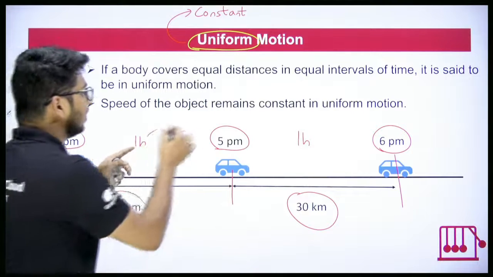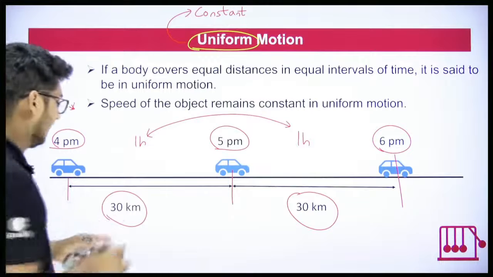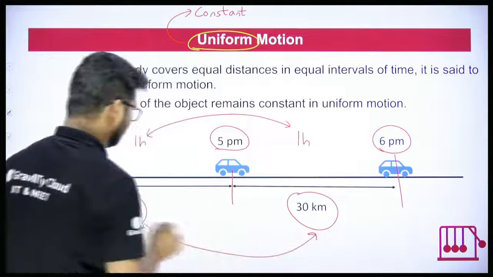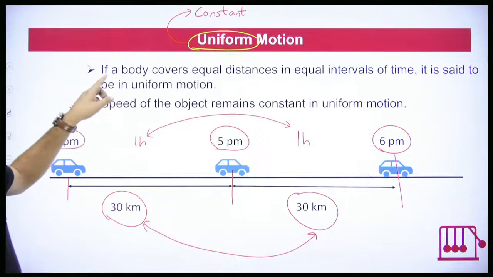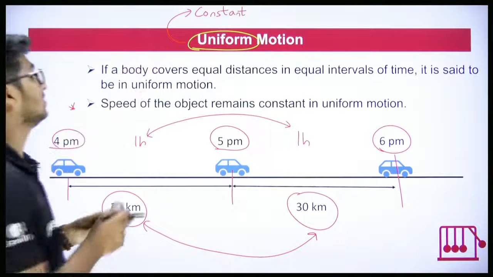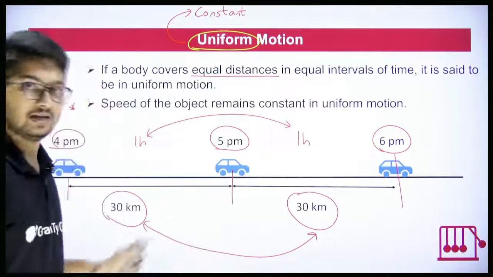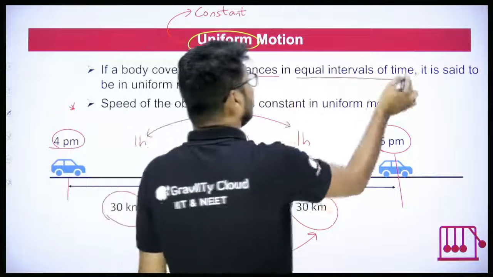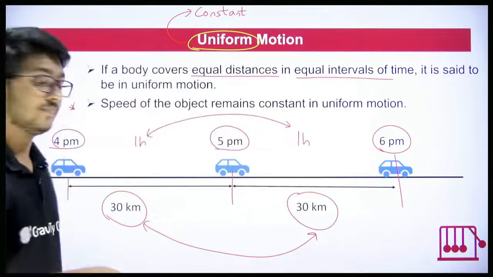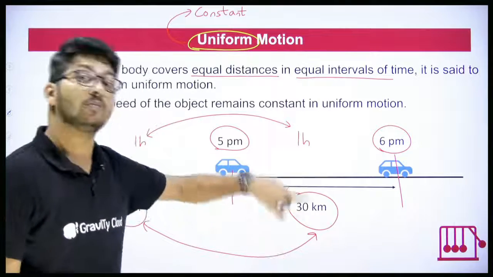Do you have equal time intervals, 1 hour and 1 hour? So the time interval is equal. And is the distance travelled equal? Yes, 30 kilometers, 30 kilometers. So look at the definition now. If a body covers equal distances in equal intervals of time. So 30 kilometers in 1 hour and again the same 30 kilometers in 1 hour.